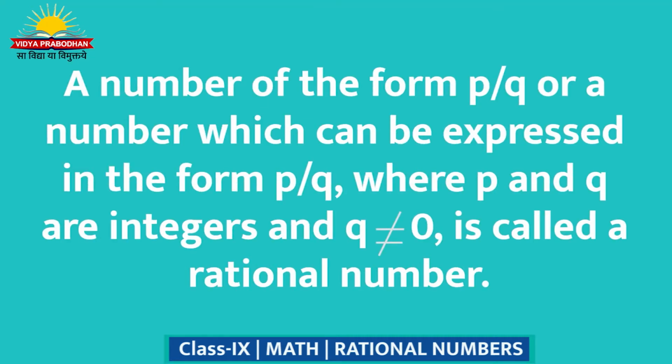A number of the form p by q, or a number which can be expressed in the form p by q, where p and q are integers and q is not equal to 0, is called a rational number.